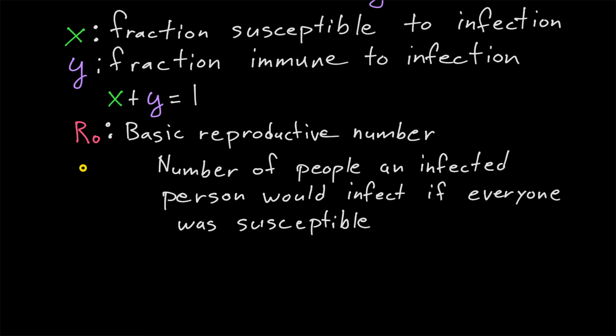How can one person spread it to 2.5 people? I mean, spreading it to 2 people makes sense. Spreading it to 3 people makes sense. How does spreading a disease to 2.5 people make sense? Well, remember that R naught is an average number. And an average number does not have to be a number that is actually going to hold in reality. So it doesn't have to be a whole number in this particular case.